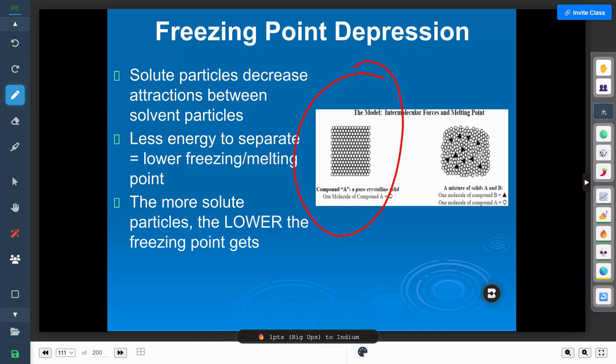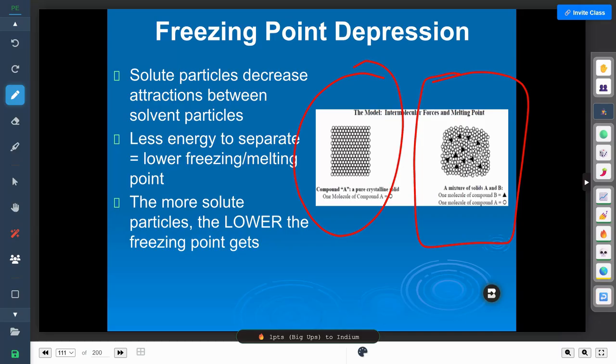Okay, so what a solute particle can do is kind of get in the way. And so if we look at this one here, we have these little triangles getting in the way of all those little circles holding hands. And so those little triangles are preventing the little circles from grabbing onto each other again.